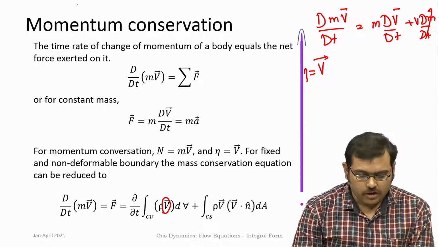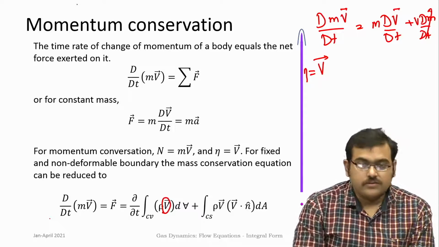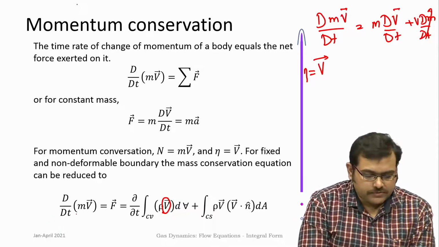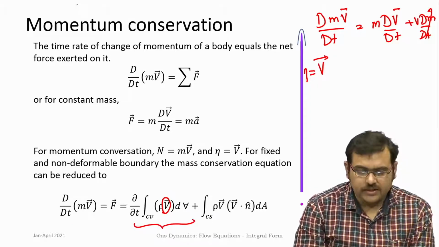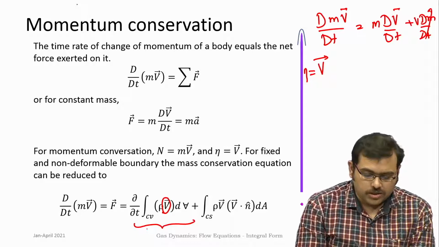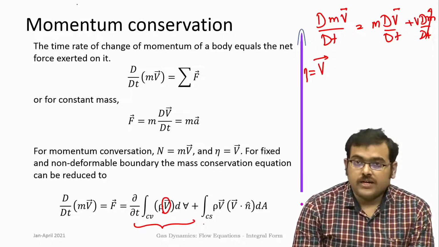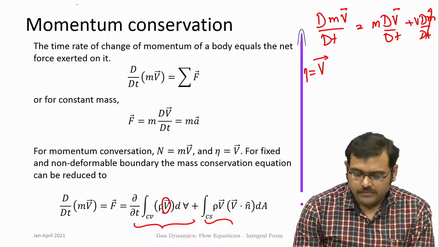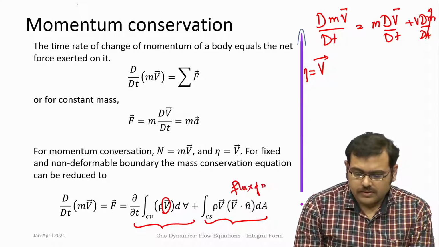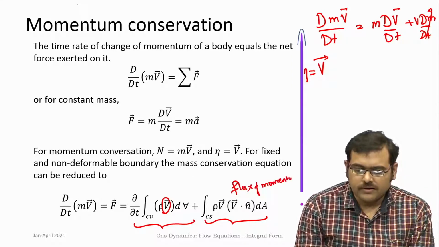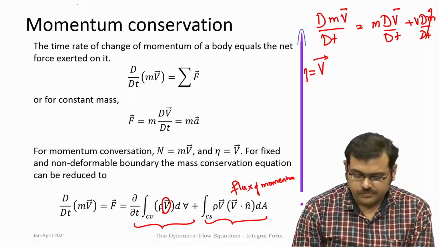And for a non deformable control volume, again by the Reynolds transport theorem, the rate of change of momentum is equal to the sum of the rate of change of momentum within the control volume with respect to time, and the change due to the flux of momentum that comes from the different control surfaces around the control volume.